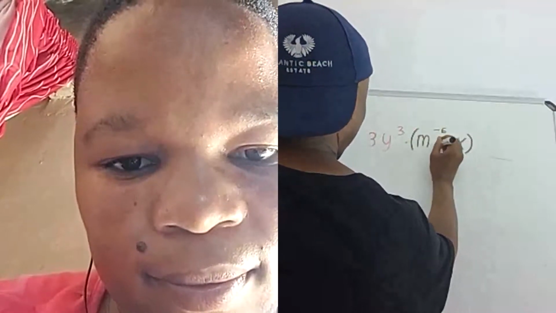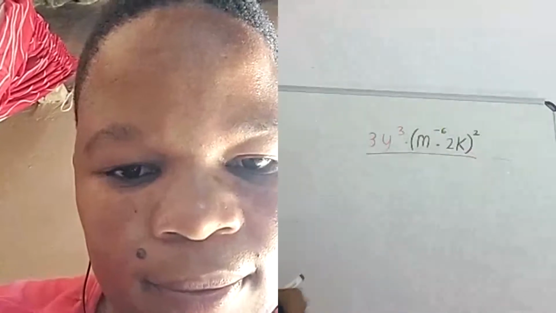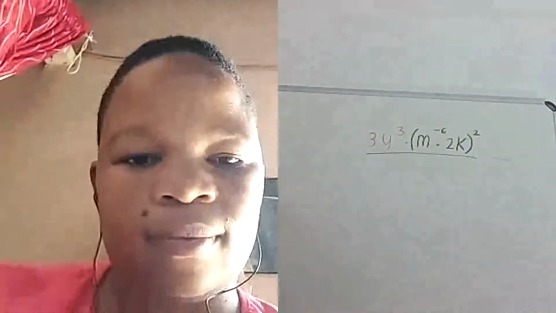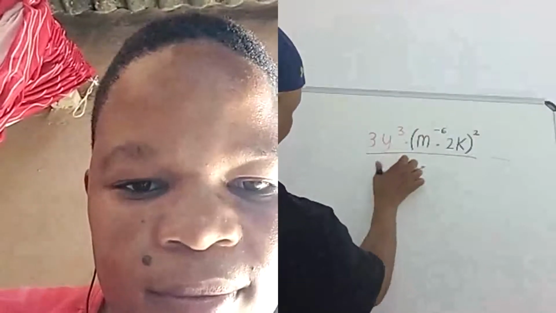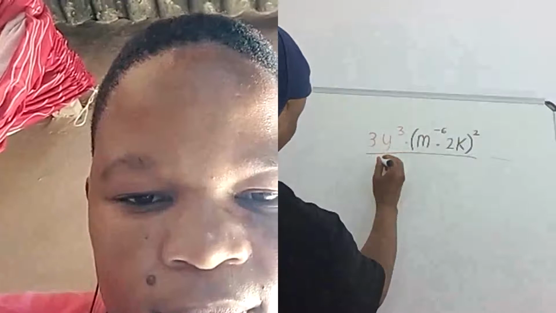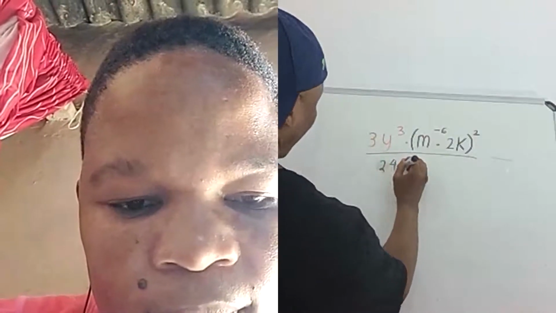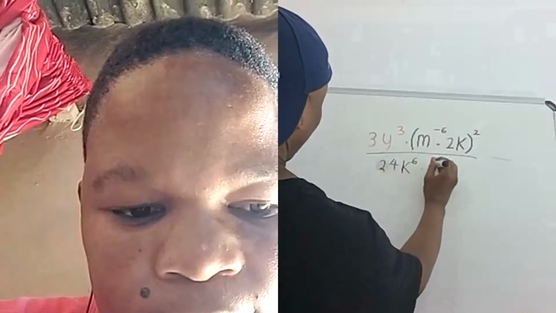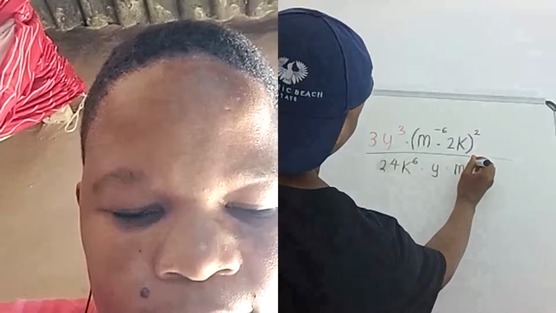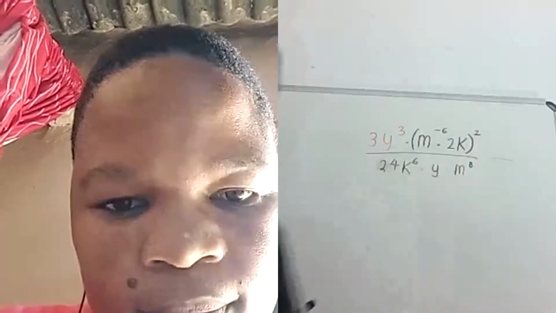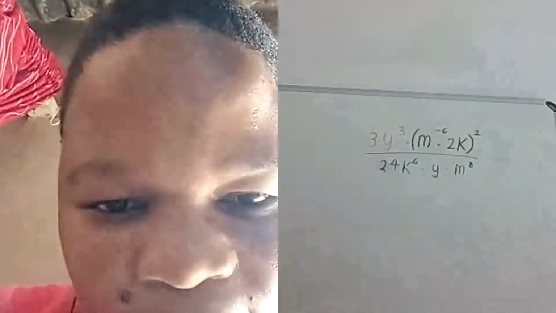Let's say 2 times, and here we go, 2, over 18. Let's say 24, m, 24k power 6, y, and we give you m power 8. So you see that? Let's simplify that question. A little bit tricky, right?